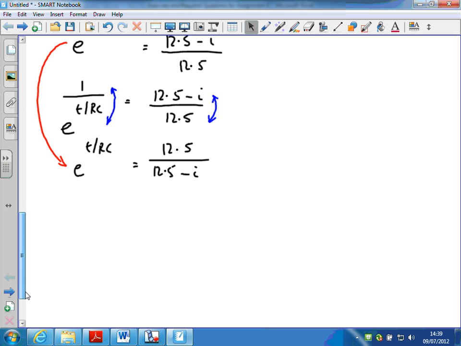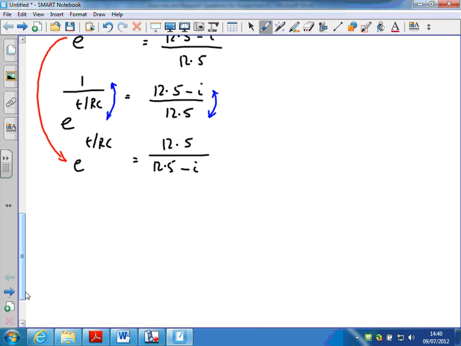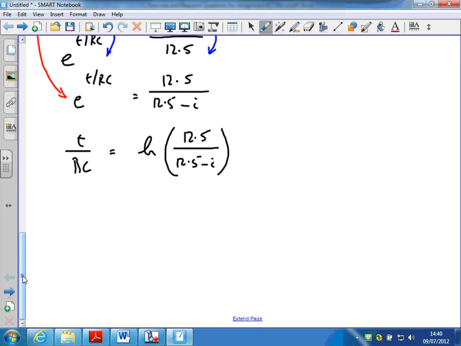Now, we'll take the log of both sides. So t over RC equals the natural log of 12.5 over 12.5 minus I. And now multiplying both sides by RC, we get t equals RC log 12.5 over 12.5 minus I. So that's one way of going about doing this.